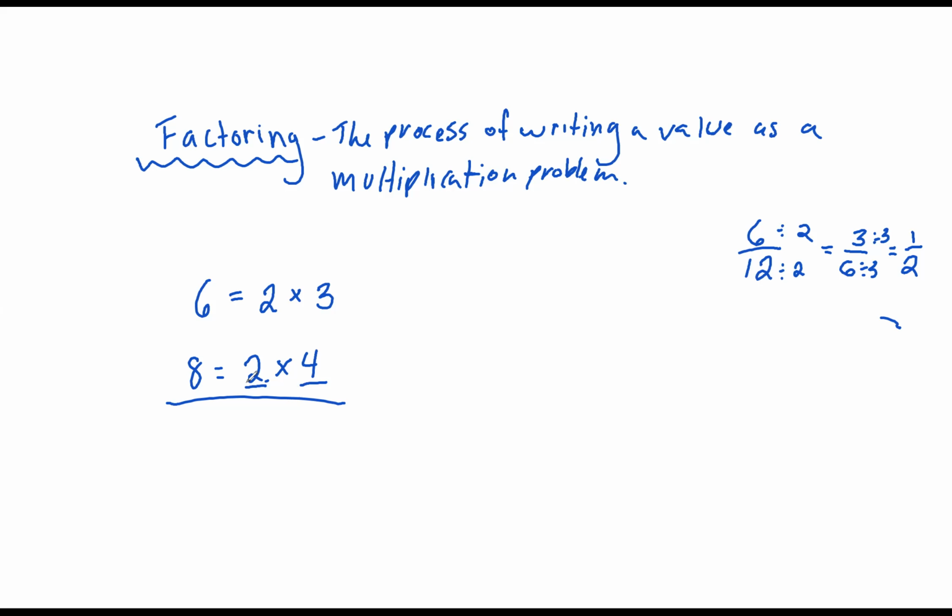The only thing I can turn 2 into is 2 times 1, and I told you we're going to ignore those. But 4 could actually be written as 2 times 2, correct? So if I want to factor this all the way, I take that 4 and rewrite it as 2 times 2.